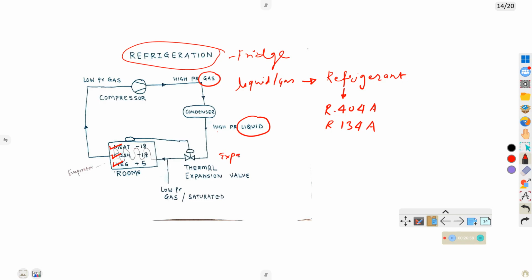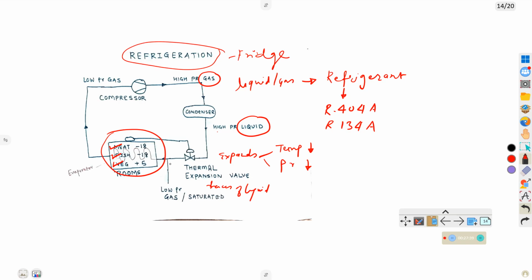When it expands, what happens? Temperature reduces, pressure reduces. So the high pressure is reduced, and it is saturated. Saturated means it has traces of liquid.